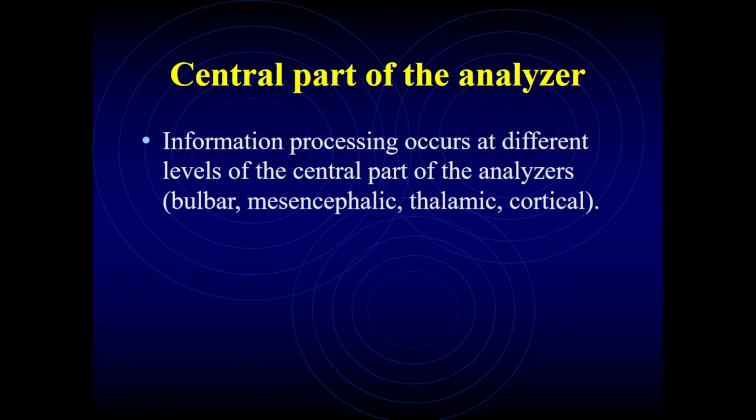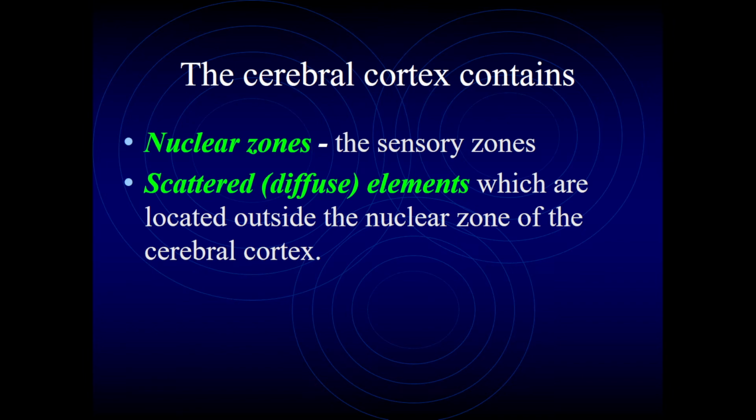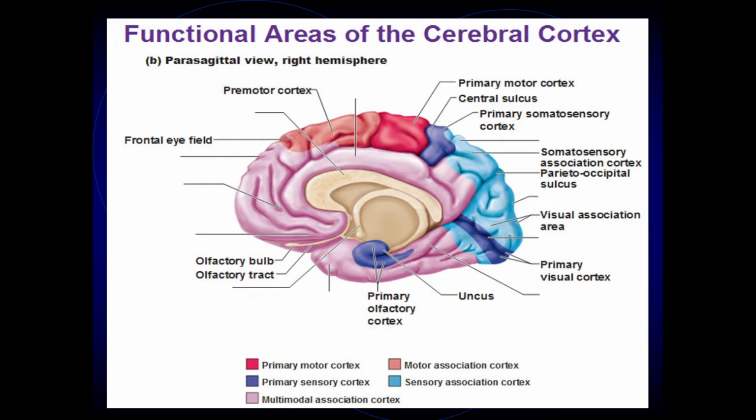The cortical part of an analyzer is represented by its nucleus or nuclear zone, and diffuse scattered elements. Nuclear zone or nucleus is an aggregation of neurons in a particular part of the cerebral cortex.